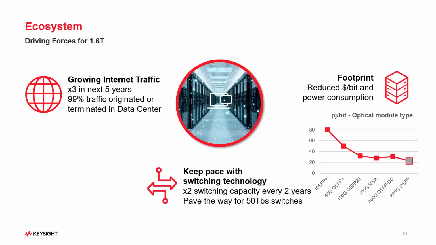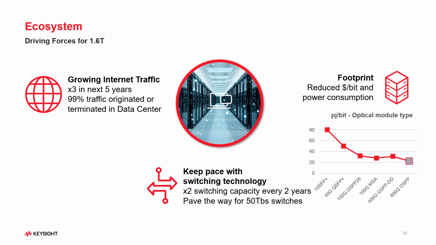So in summary, we are all aware that the world is still experiencing a very high growth of internet, and that's coming mostly with the higher transmission speeds. So it's expected that this growth will be by a factor of 3 or more in the next half a decade. And interestingly, 99% of the traffic is originated in the data center or terminated in the data center itself.